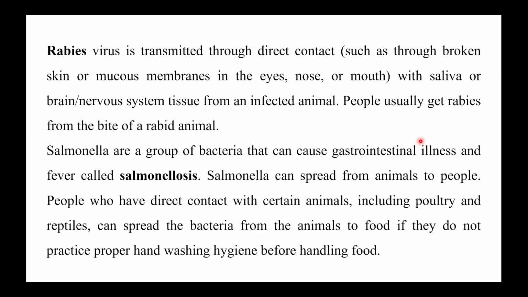So if the bite has been made on the upper portion of the body, generally the person is immediately administered the vaccines, and the person is under more risk of having the rabies infection.